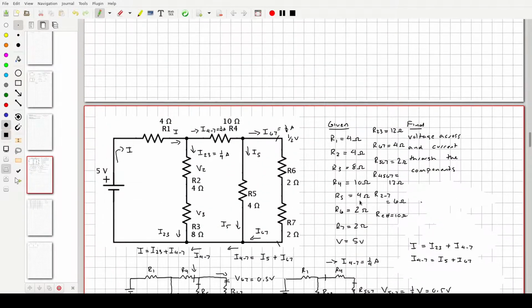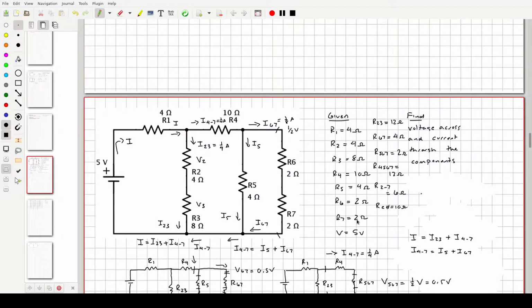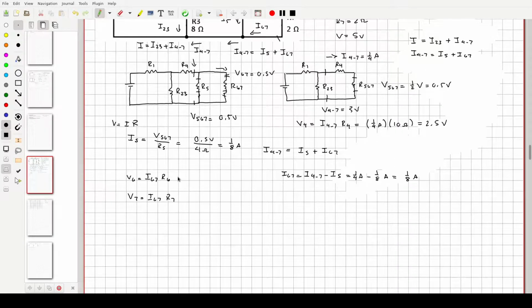And R6 and R7, you look here, R6 is 2 ohms, R7 is 2 ohms. So this would be 1/8 of an amp times 2 ohms, and this is a quarter. 1/4 of a volt.